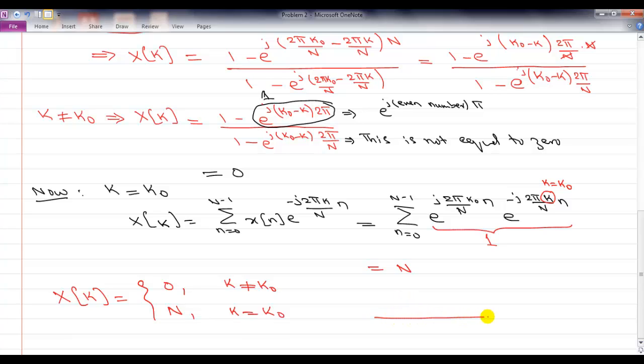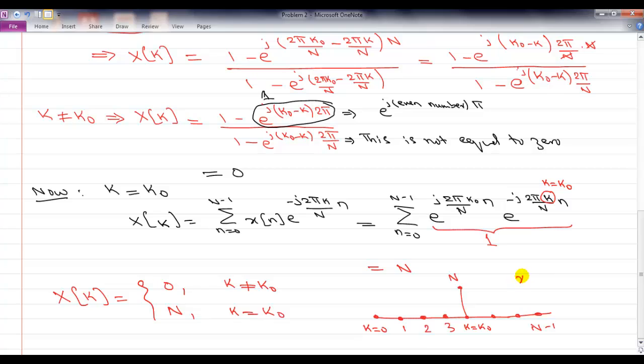Effectively, what you are seeing is that if you were to plot your DFT, you will get k equal to 0, 1, 2, 3, and then at k equal to k naught, you get a spike, and then you get zeros again, up to N minus 1.